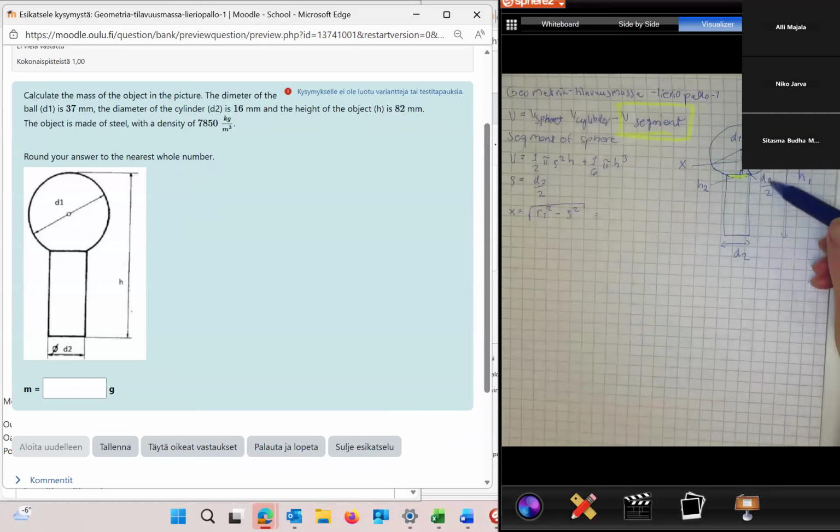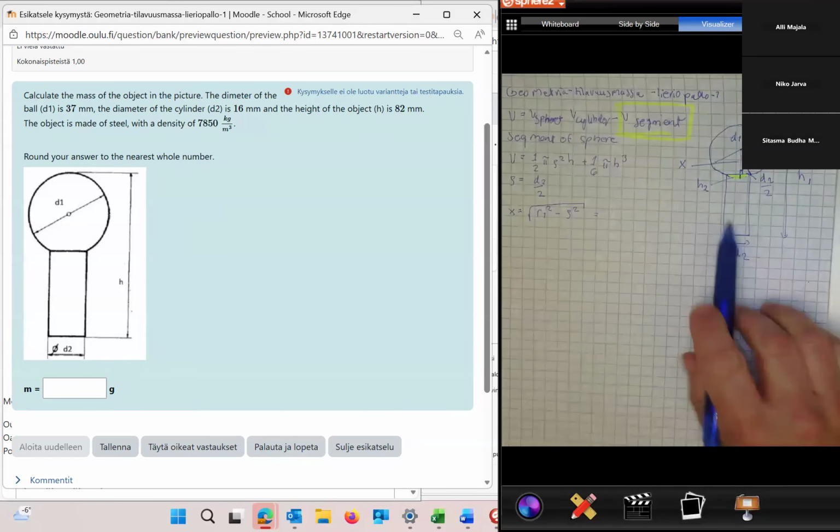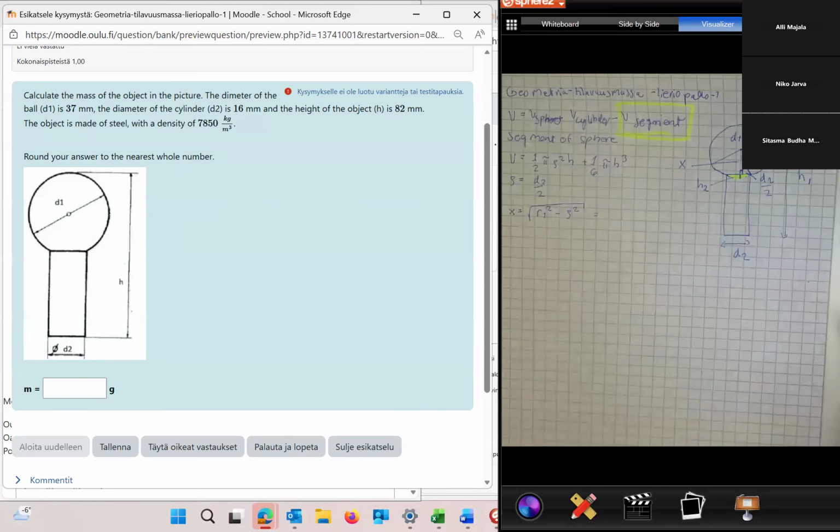So it's half of the diameter of the cylinder. So then the only thing now that I would need to know is the height here. And that I mark with height 2.